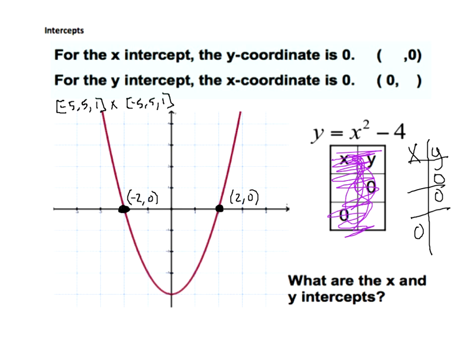Notice that both of the Y values for these X-intercepts is 0. So that is a characteristic of an X-intercept. For the X-intercept, the Y coordinate is always 0.